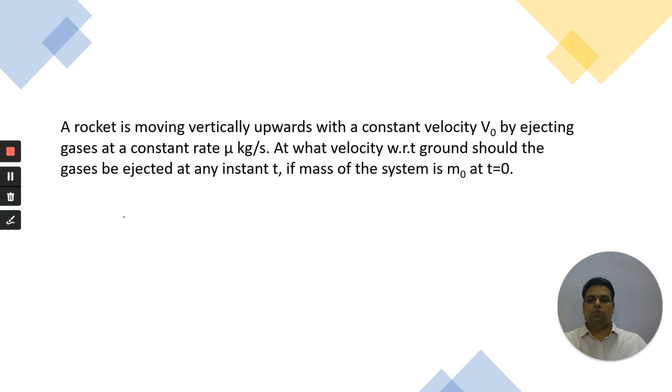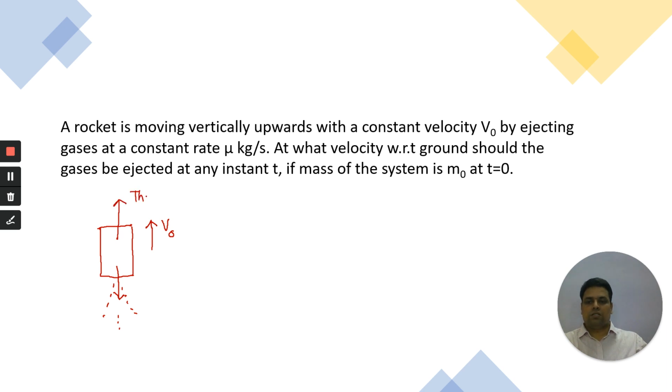So we are told that it is moving with uniform velocity. For the rocket to move with uniform velocity vertically upward, you know that the net force on the rocket should be zero. But the ejected gases, whichever are coming out from the rocket, will develop a thrust upward.